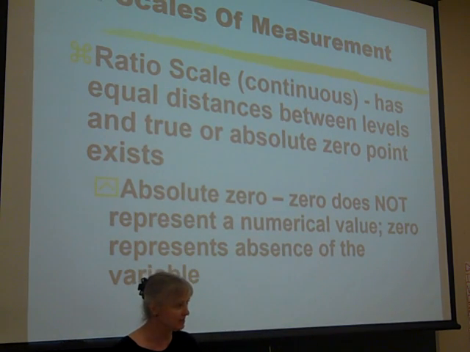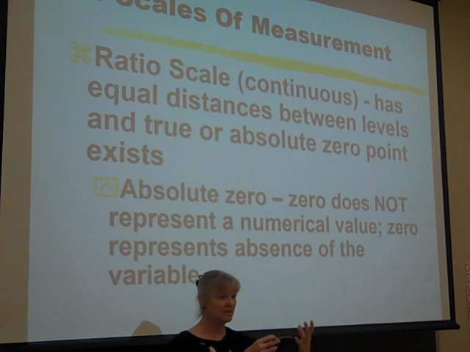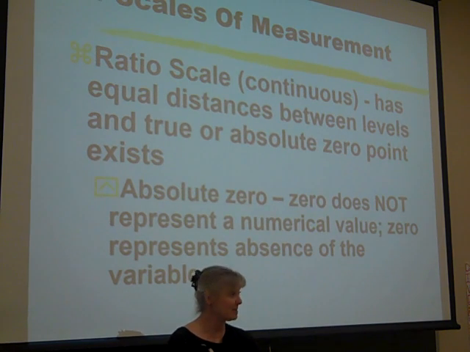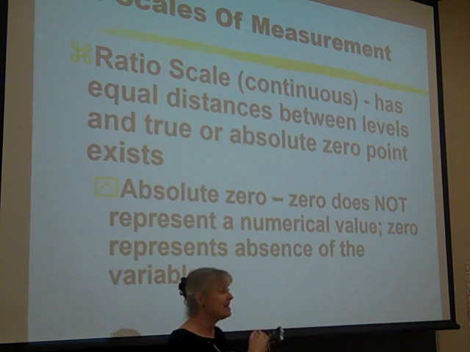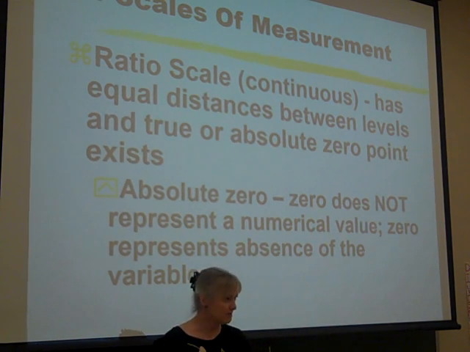Absence of the variable. So zero doesn't represent a grade. With the interval scale, what does a zero represent on a test? Student didn't get any right, correct? In this case, zero represents you haven't started measuring anything yet. Absence of what you're measuring.